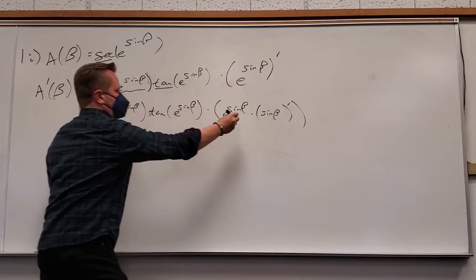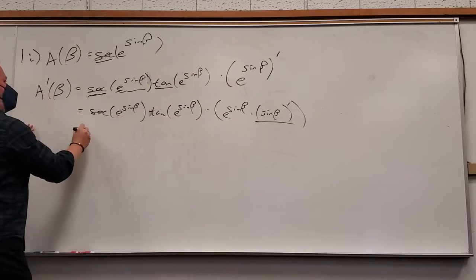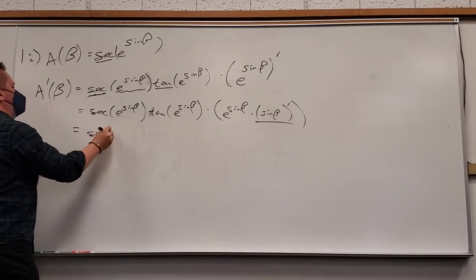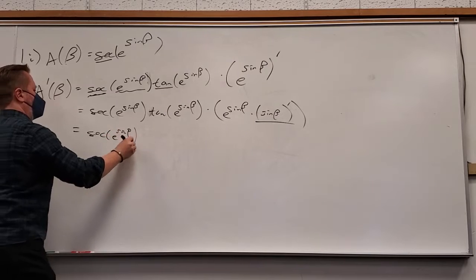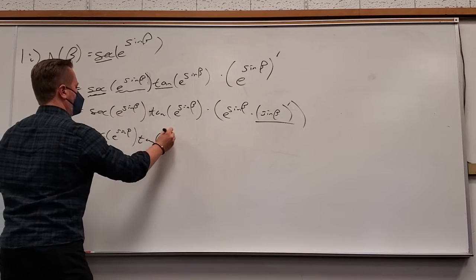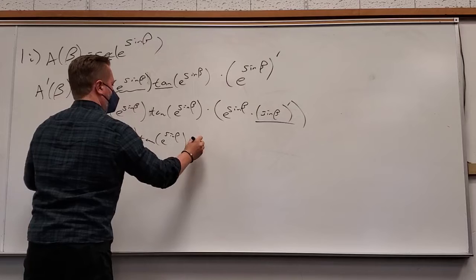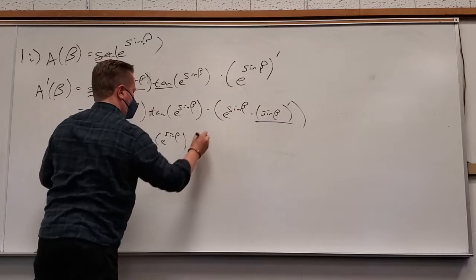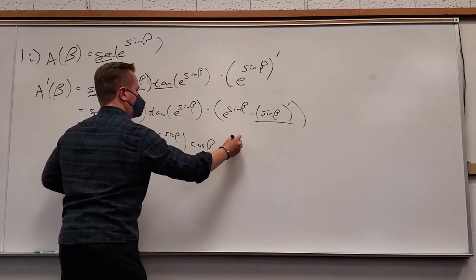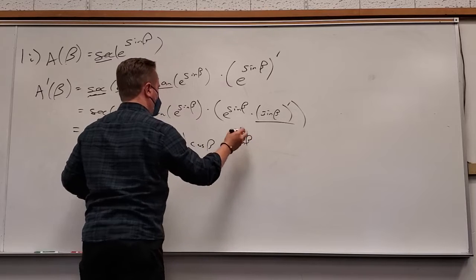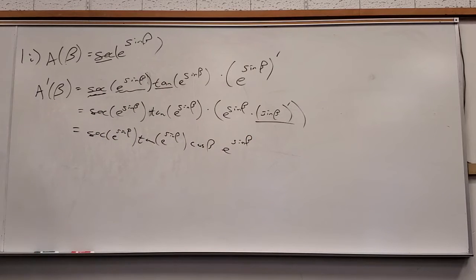And what's the derivative of sine? Cosine. So we got secant, tangent, and then we got cosine, and then we got e to the sine. However you want to order these things, they're just one big product.